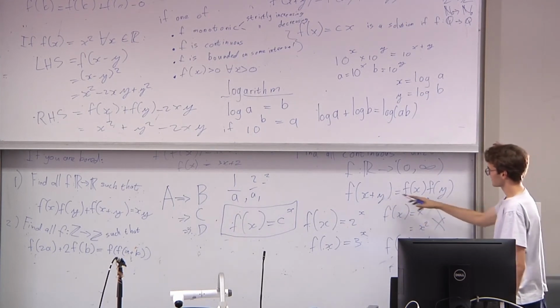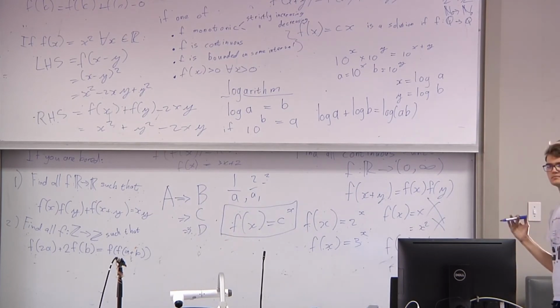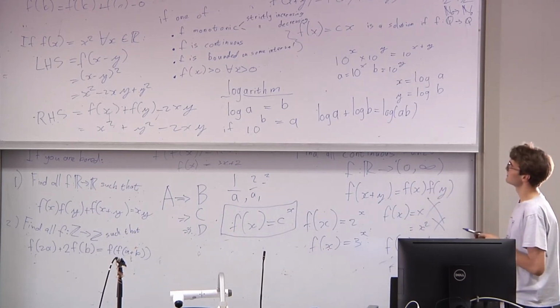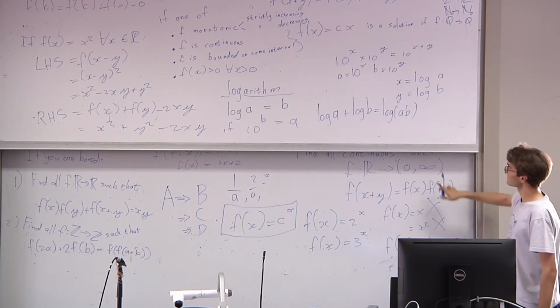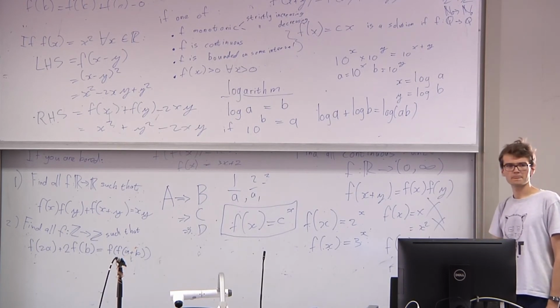But in this case, f of x equals cx is not a solution, so that doesn't seem all that useful. But the difference between the Cauchy function and this function is that there's a plus, where here there's a multiplication.